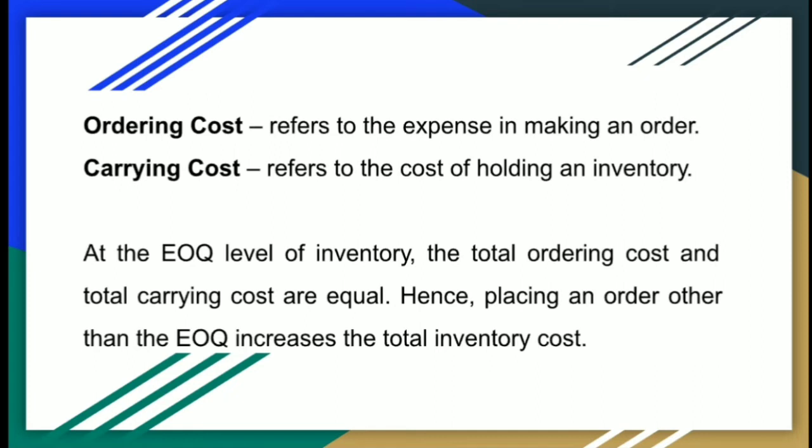At the EOQ level of inventory, the total ordering cost and total carrying cost are equal. Hence, placing an order other than the EOQ increases the total inventory cost. So, of course, if a business orders a lot, they will have to pay a lot, and their inventory cost will be high.